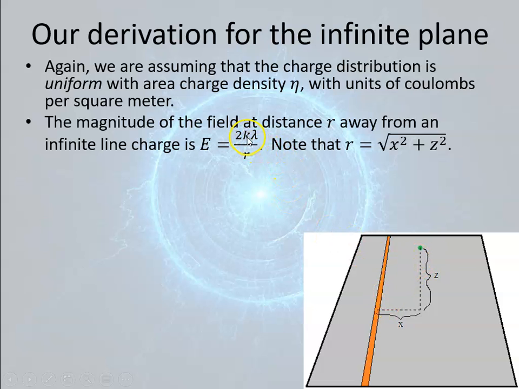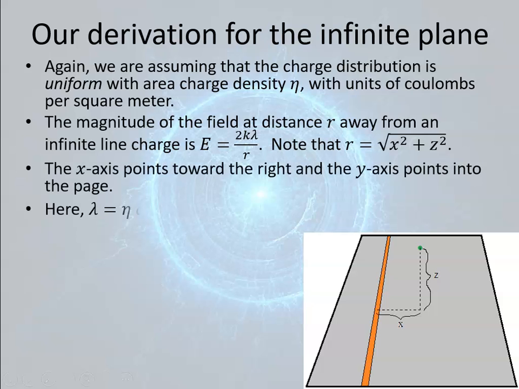How do I turn a lambda into an eta, or how would I express eta differently? So here's the idea. Lambda is equal to eta times dx. Why does that work? Probably the easiest way of thinking about it would be realizing eta is just dq over dA, in other words, charge per unit area, but dA is dx times dy.